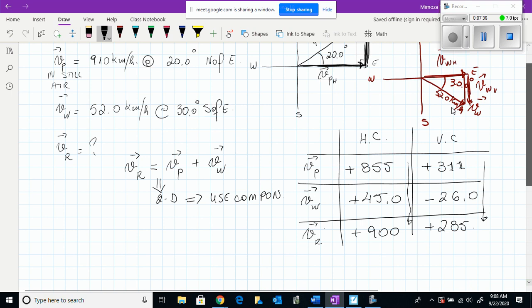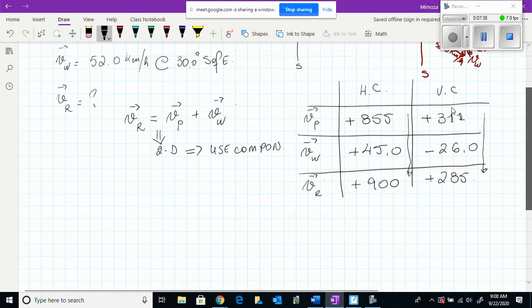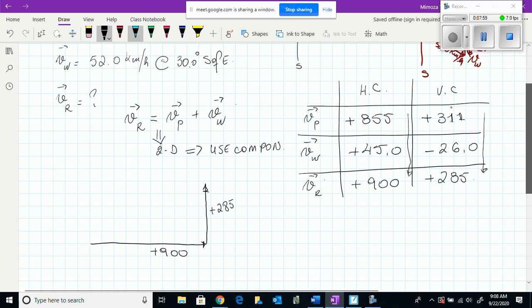That means that the horizontal component is positive 900, which is toward the east axis, and the vertical component is positive 285. That gives us the resultant velocity by closing the rectangle.